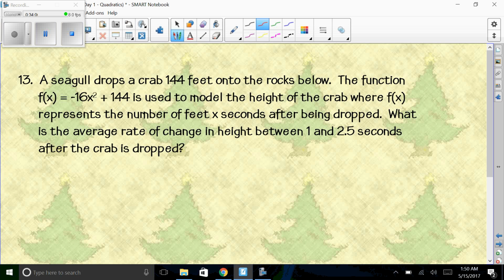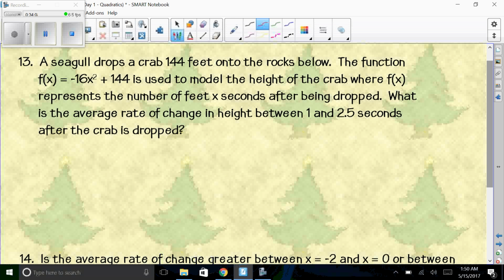Alright, got a word problem. A seagull drops a crab 140 feet on the rock below. The function f of x equals negative 16x squared plus 144 is used to model the height of the crab, where f of x represents the number of feet x seconds after being dropped.